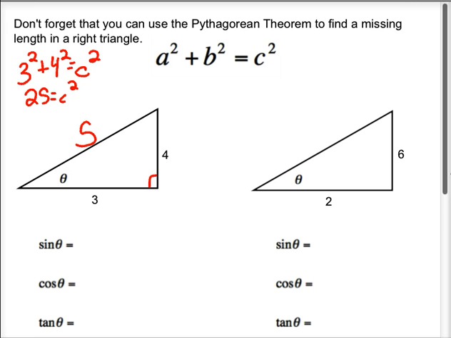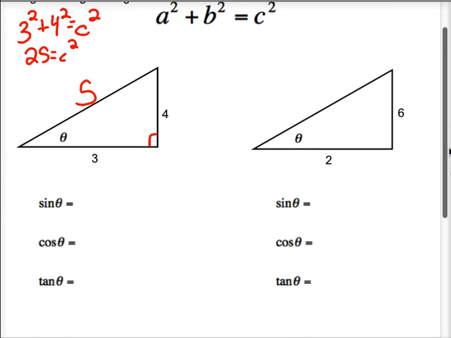Okay, so again, whenever you have two sides and you need the third, remember Pythagorean theorem. And now from there, we're talking about those ratios, sine, cosine, and tangent. Again, if we're talking about the theta there, we're talking about adjacent being here, opposite, and hypotenuse.